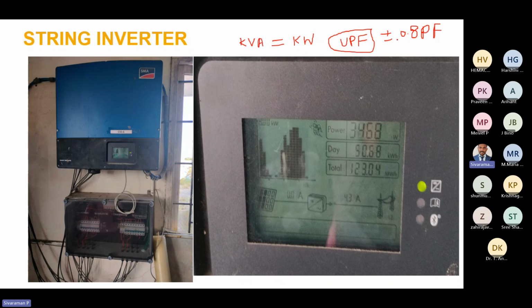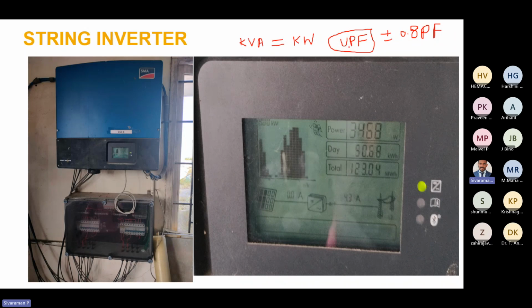Whenever you change the power factor from unity to 0.8 or any value in between, kilowatt is not equal to kVA, right? This is one fundamental thing you have to always keep in mind. When I took this photo, this 20 kilowatt inverter was producing almost 3468 watts, so 3.4 kilowatt at that time.